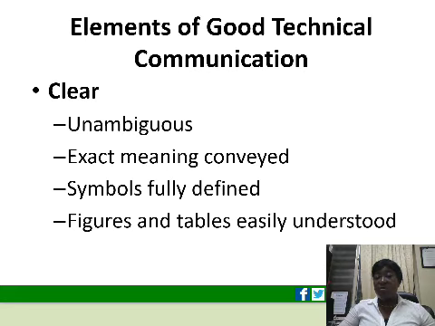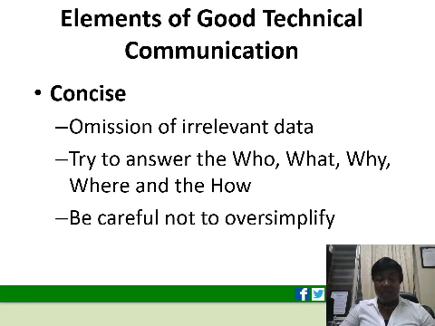You shouldn't use words that are ambiguous. When you use symbols and abbreviations, you should first define them before you use them so that your work can easily be understood. Your figures and tables should be easily understood, so you use proper captions and proper headings for all your tables and figures.